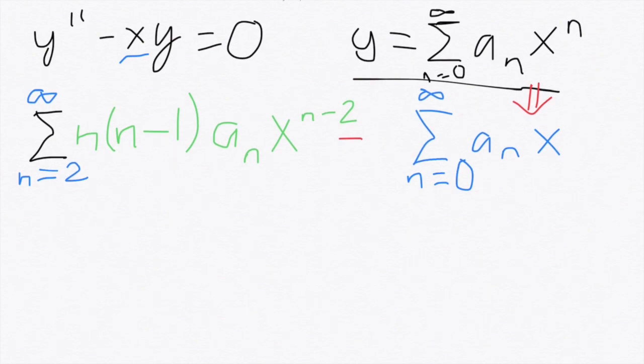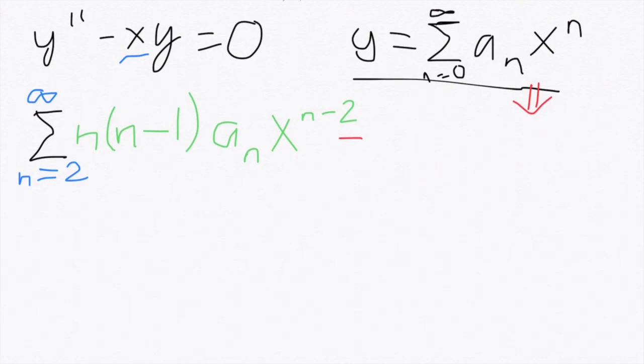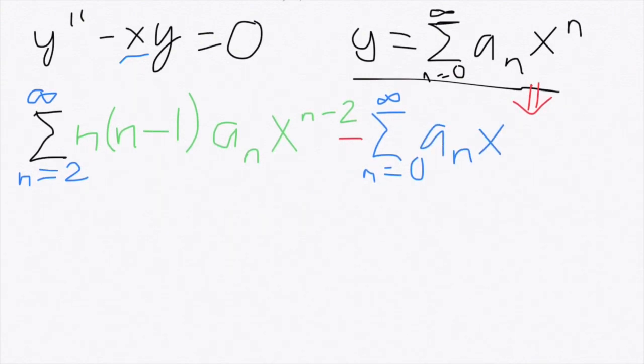In fact, let's rewrite this so we have space to write it all in one line. So we have minus the sum from n equals 0 to infinity of a_n times x to the n plus 1, which comes from multiplying this series by x, and this equals 0.